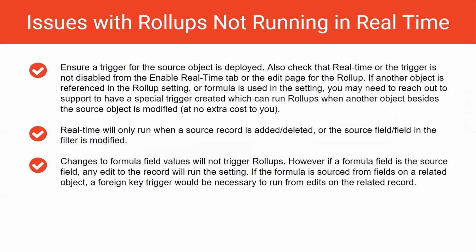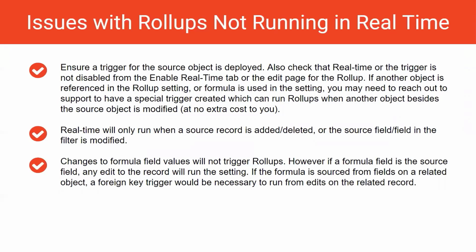If another object is referenced in the rollup setting or a formula is used in the setting, you may need to reach out to support to have a special trigger created which can run rollups when another object besides the source object is modified at no extra cost to you.